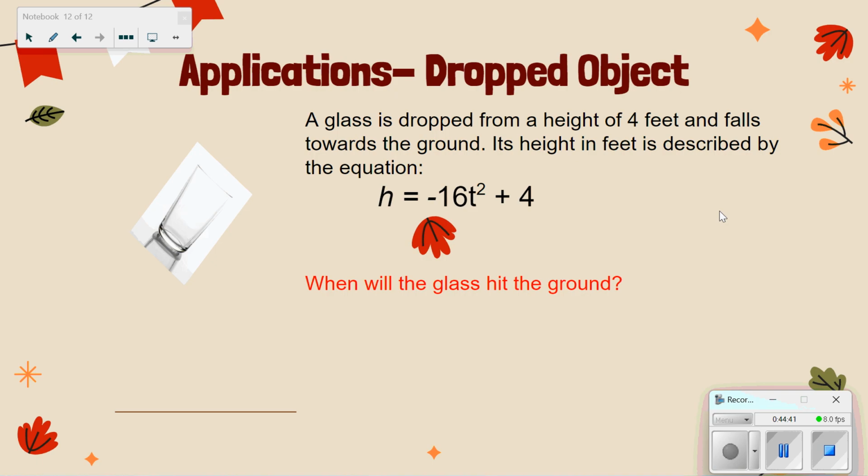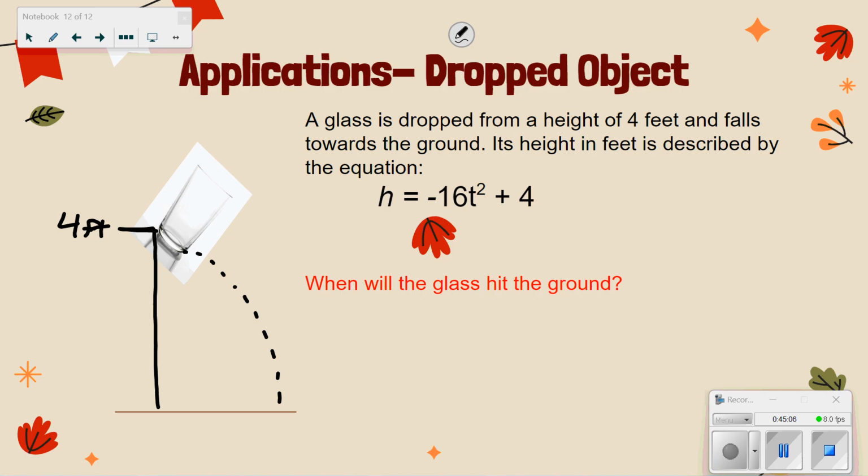So think about here: I have a counter, and this glass is falling off the counter. This glass is dropped from a height of 4 feet, traveling down in an arc like this, and it's described by negative 16t squared plus 4.